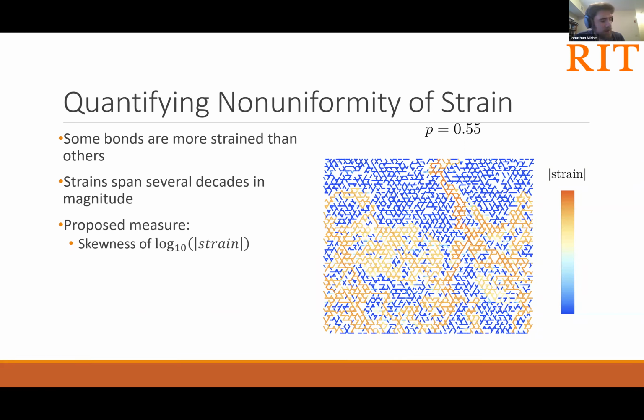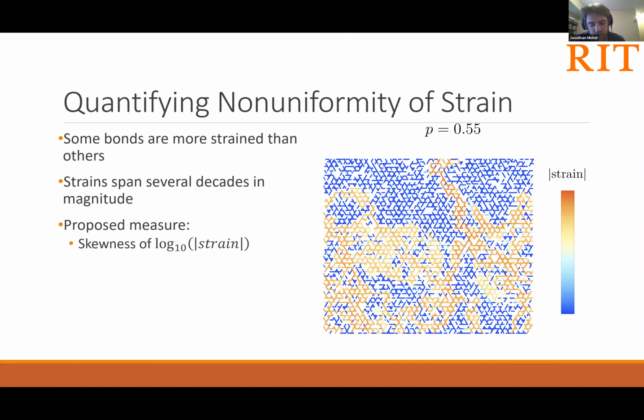Now, as one final point, I wanted to talk about a preliminary matter that I'd identified here. If we go back and look at this network that's just above the threshold for marginal rigidity, we see there's a huge variability in the amount of strain that bonds in the network take up.